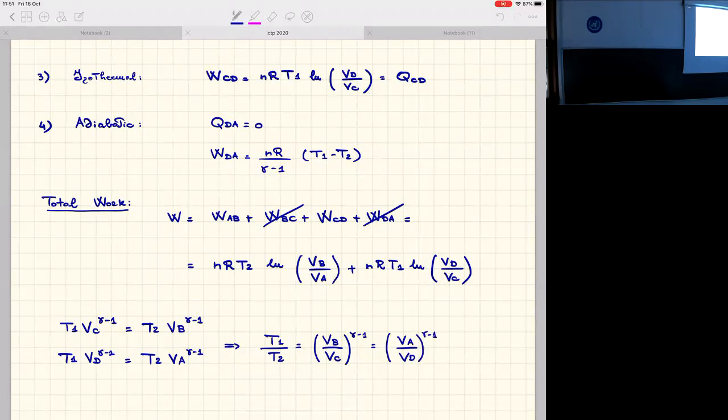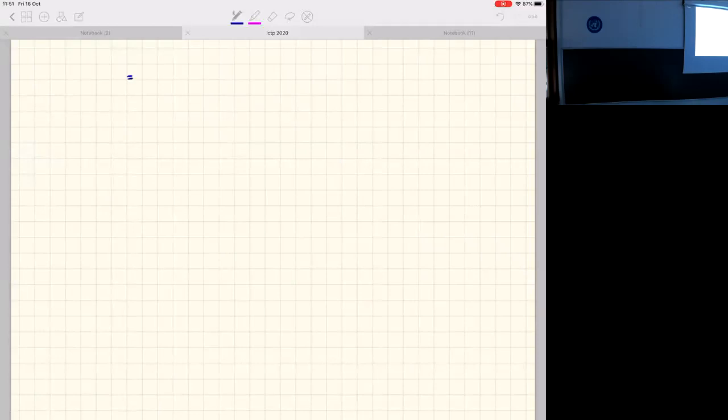And therefore the ratio of the two volumes are identical, right? So, which in practice implies that the total work is going to be n times R times T2 minus T1 log of VB over VA.